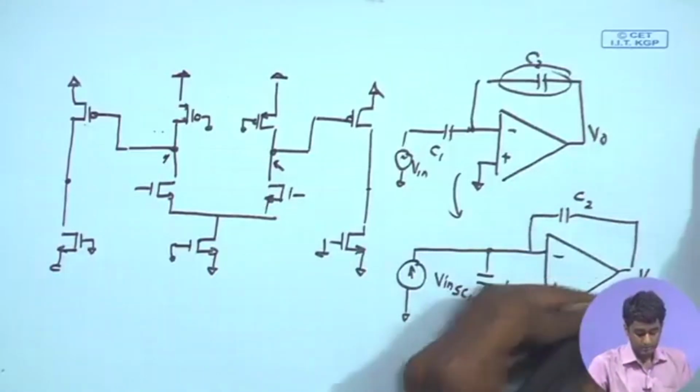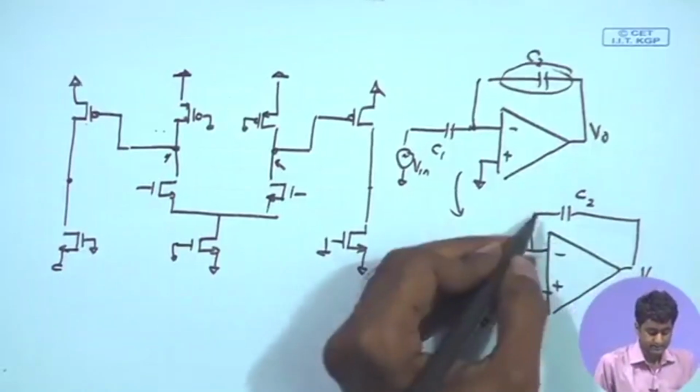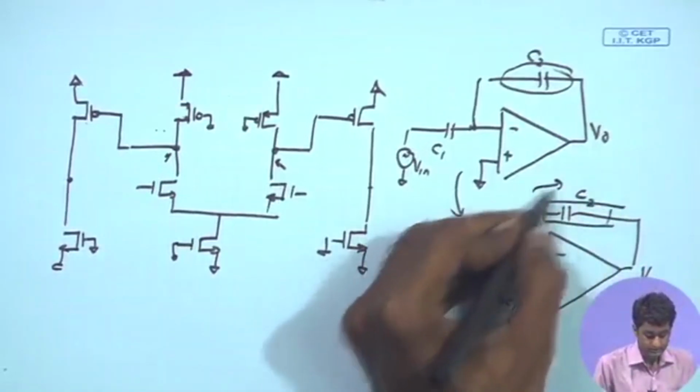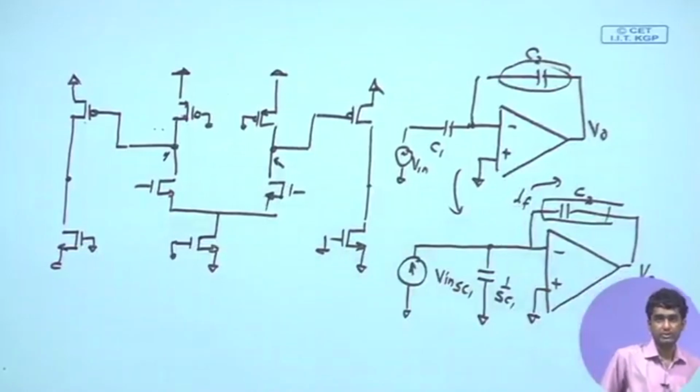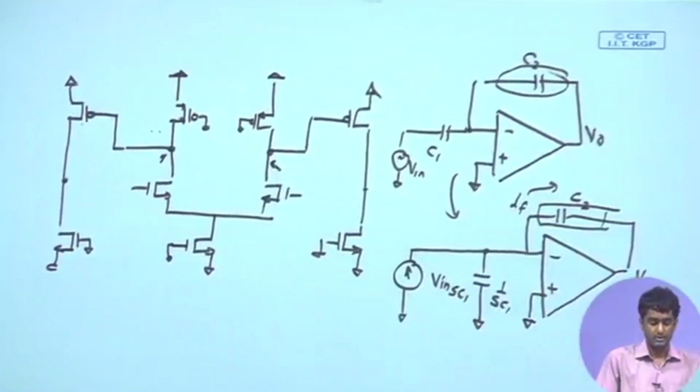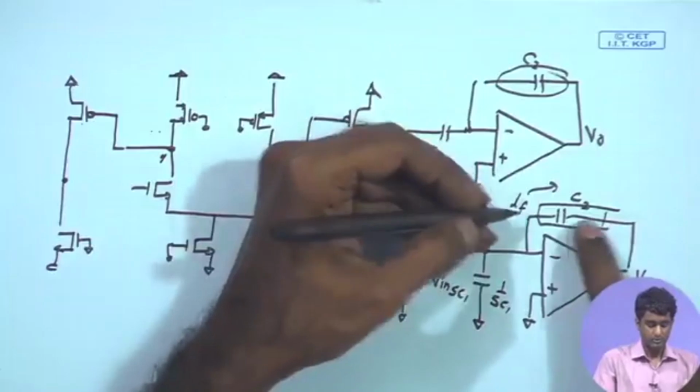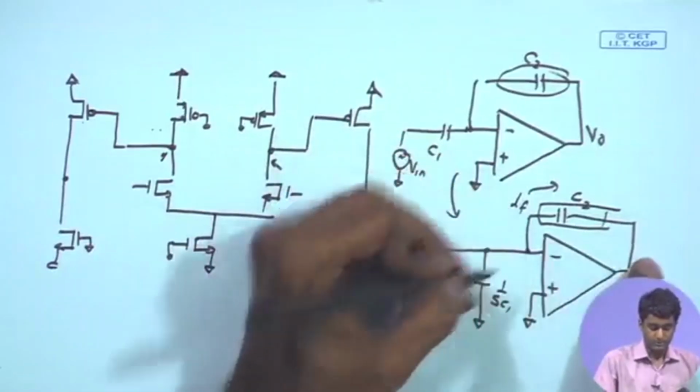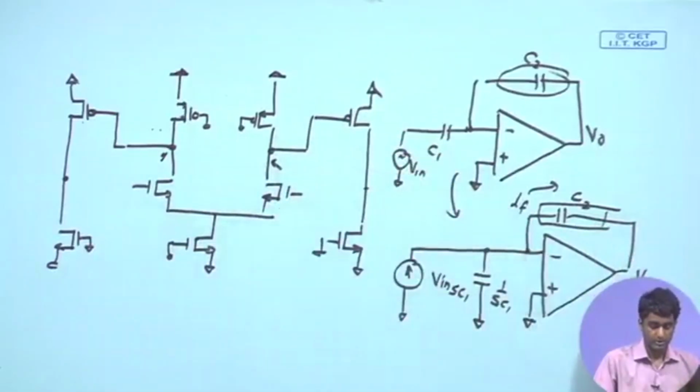Here this C2 is sensing the VO and is providing us the feedback current IF, that is what we have seen earlier also, and therefore, we need to figure out the open loop circuit considering this shunt configuration.